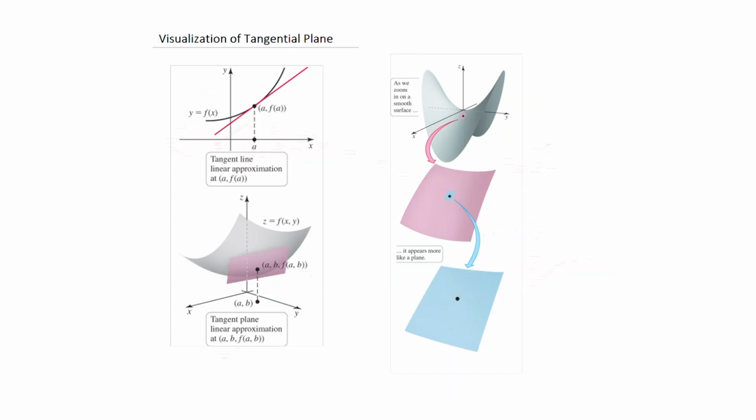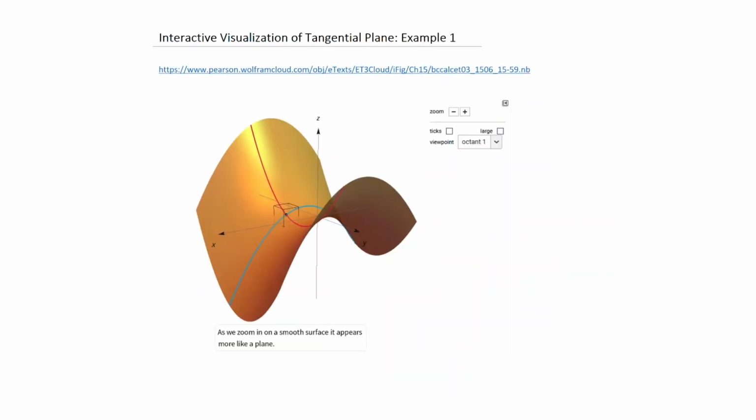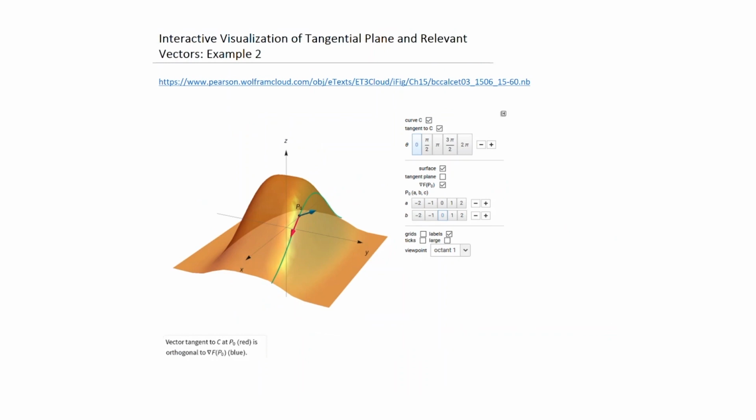All right, so there are a number of interactive visualizations of a tangential plane you can look at. This is example 1. You can play with which octant you want to look at. You can zoom in. You can look at a number of things in this particular example. Second example, there's another one.